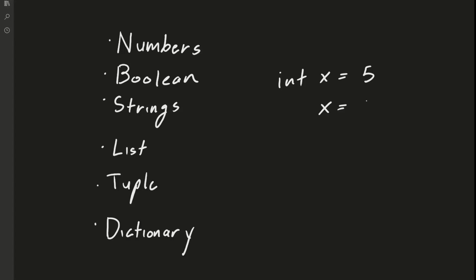So x equals 5, and then after that, you can immediately set x again to, say, a Boolean value. We'll make it true. And Booleans are just true or false. Pretty simple. We can then even make it a string. We can say x equals hello. So we can change that to anything we want, basically.